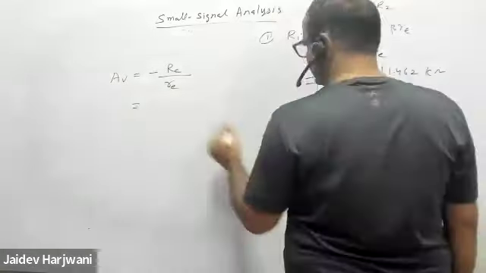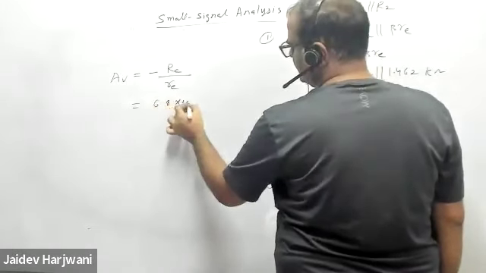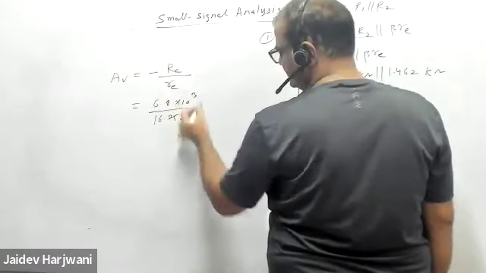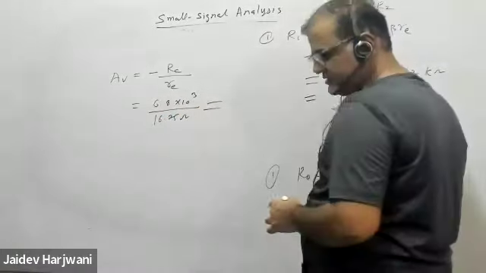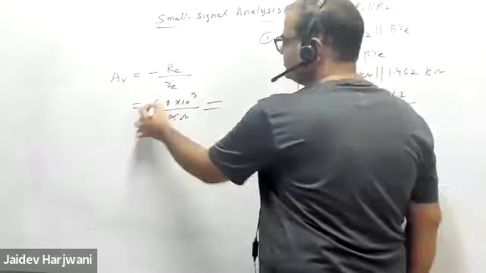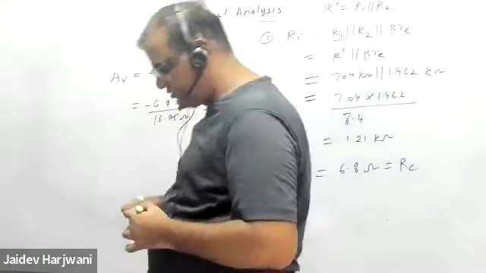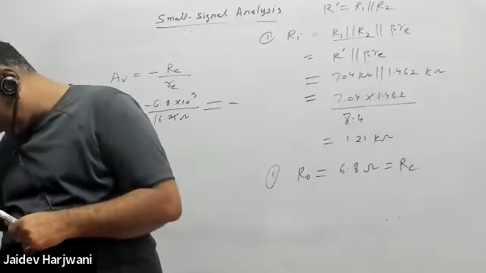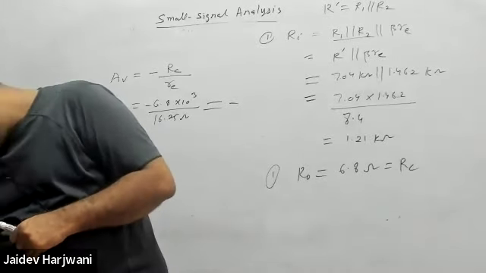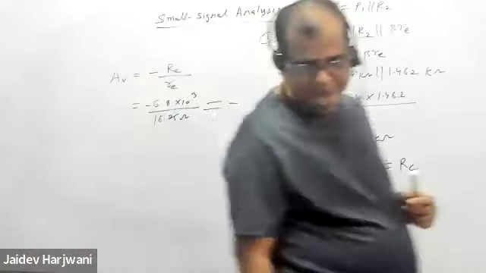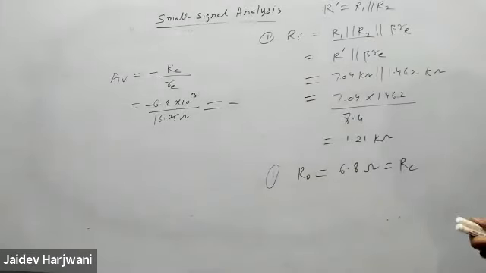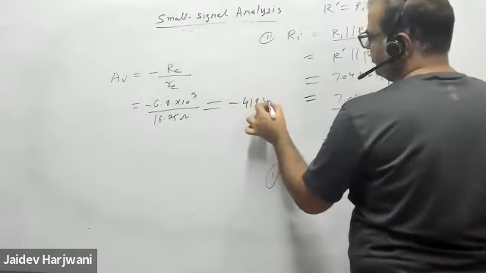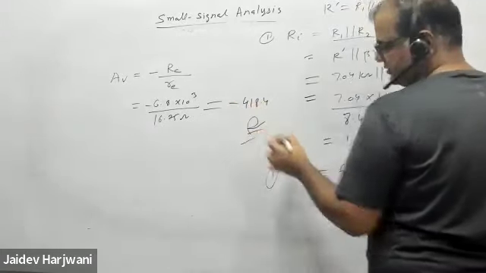So RC is 6.8 kilo ohm and RE was 16.25 ohm. Whatever, you can check what the value is. Tell me what is the gain. In mine, minus will also come. If it's a positive value, then you write positive value. How much is coming? It should come around approximately 400. 418.4. This is your answer.